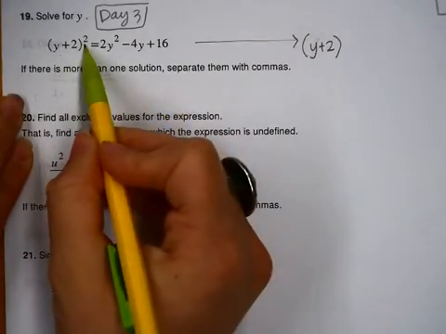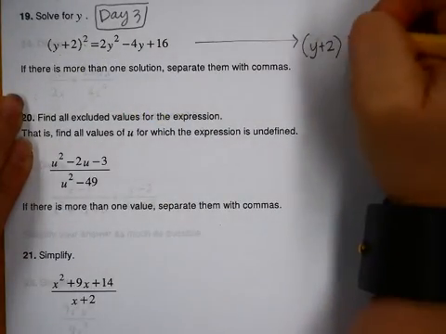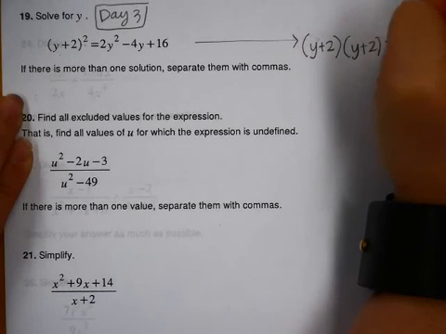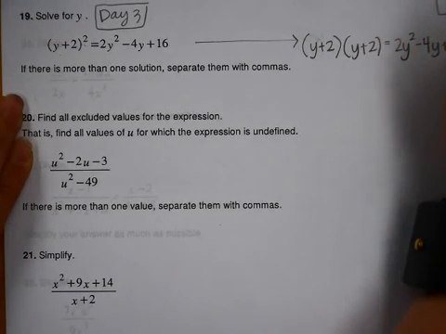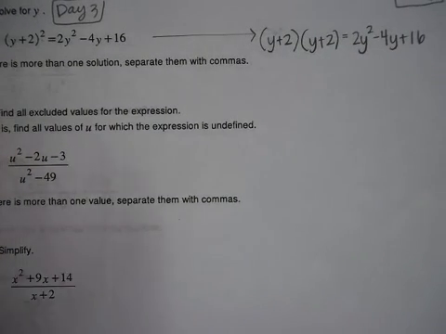So y plus 2 squared, that means that we need to FOIL that. So we have y plus 2 times y plus 2 equals 2y squared minus 4y plus 16.